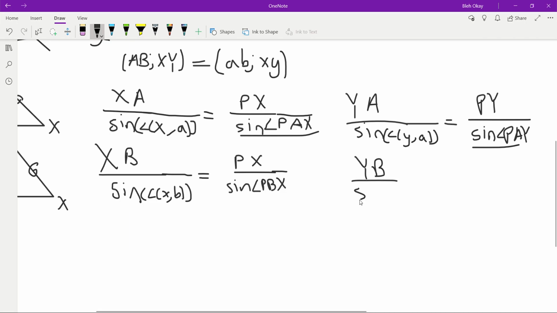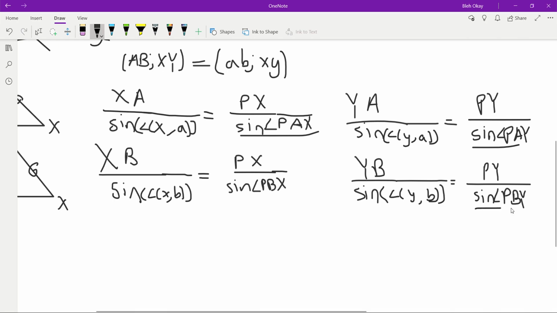So we have the final result from law of sines, with PBY.